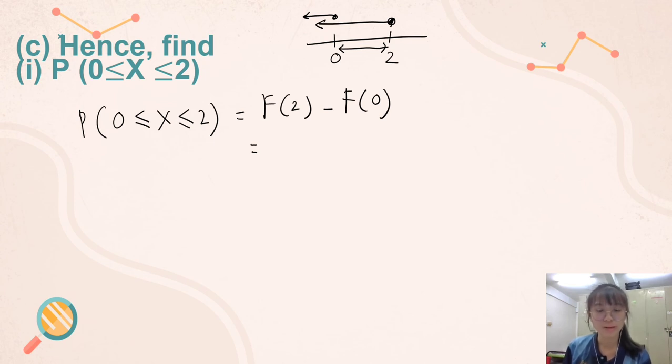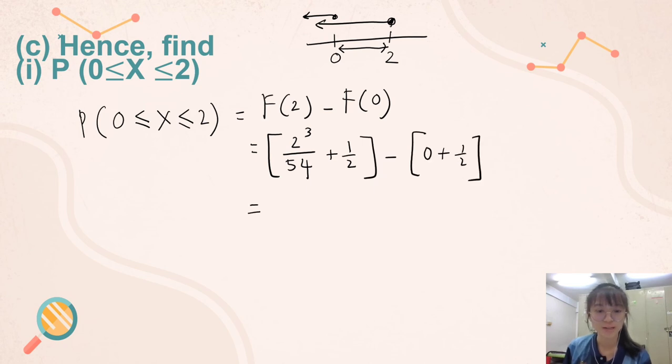So we will get 2 cubed over 54 plus 1 over 2 minus 0 plus 1 over 2. And we will get the answer equal to 8 over 54, which in simplest form is 4 over 27.